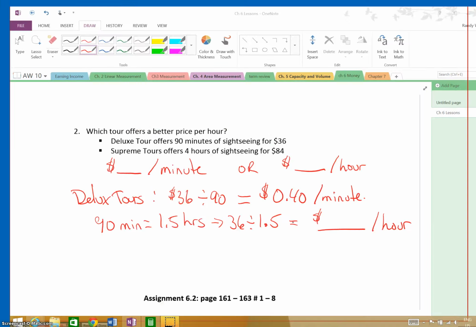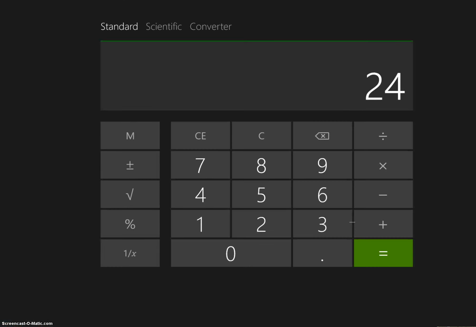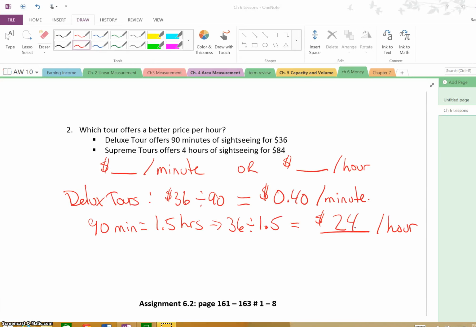So that's going to be $24 per hour. Which makes sense. If I take 40 cents per minute and I times that by 60, I get my $24. Okay, so that works out perfectly.